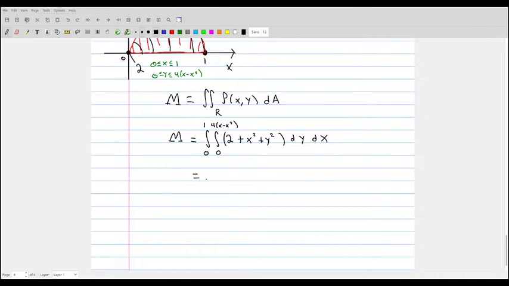So we can do the first integral, or the inner integral, with respect to y. The antiderivative of 2 with respect to y is just going to be 2 times y. The antiderivative of x squared with respect to y is going to be x squared times y. And then the antiderivative of y squared with respect to y is going to be y cubed over 3.